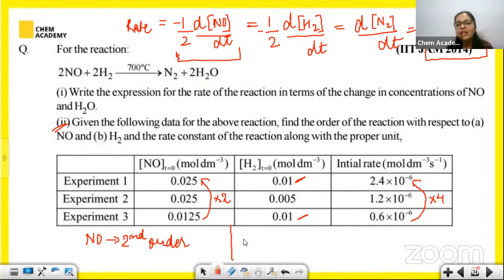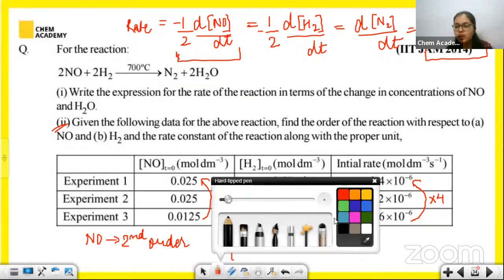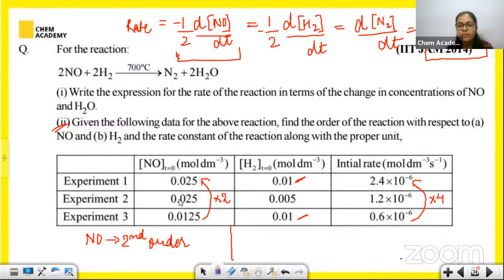Now, if we have to calculate the order of reaction with respect to H2, we will find 2 values of NO where it is constant. I will change the color of the pen. See, now we will take 2 values of NO where it is constant. It is constant here and here. Now to calculate H2, if we go from here to here, the value is getting doubled. And if we go from here to here, the rate is also getting doubled.